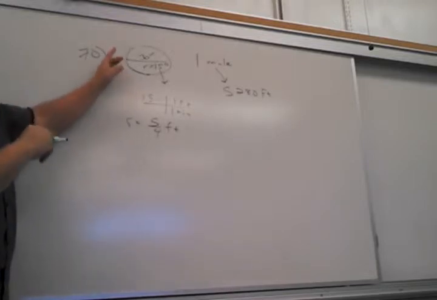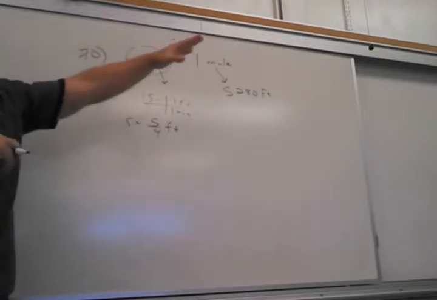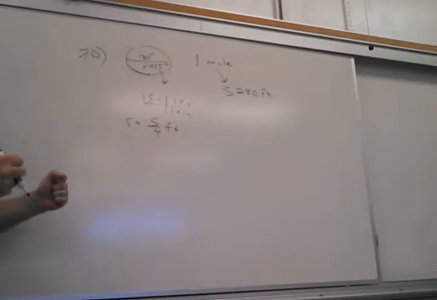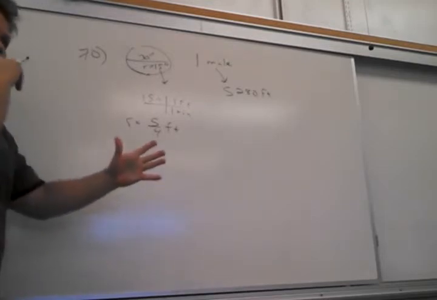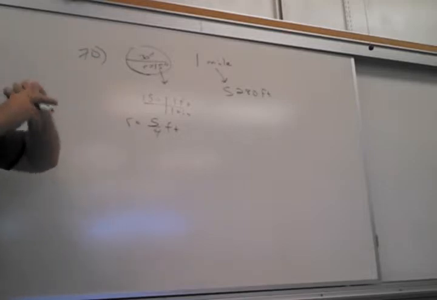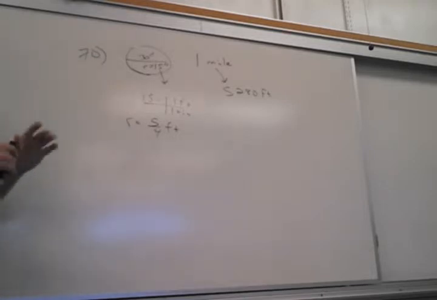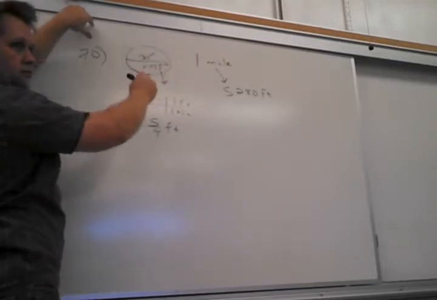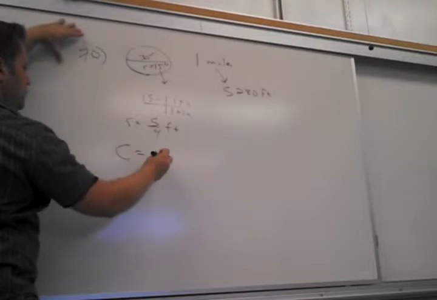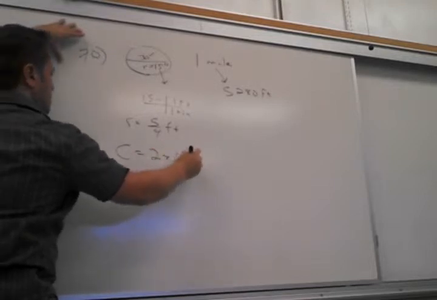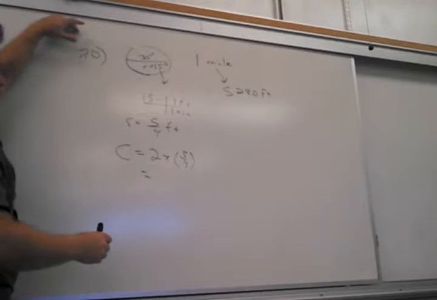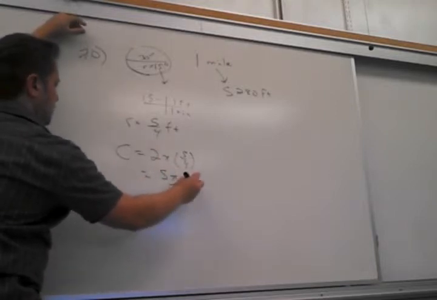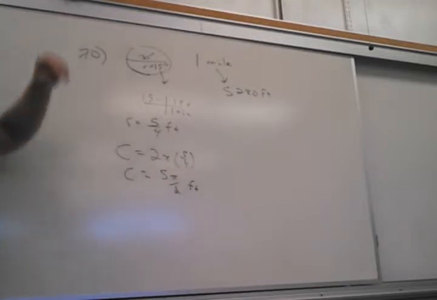If I traveled some feet in my car, what do I have to figure out about the circle? Circumference. So circumference would be 2 times pi times r, which is 5 pi over 2 feet. So then the question is how many of those circumferences fit into a mile?